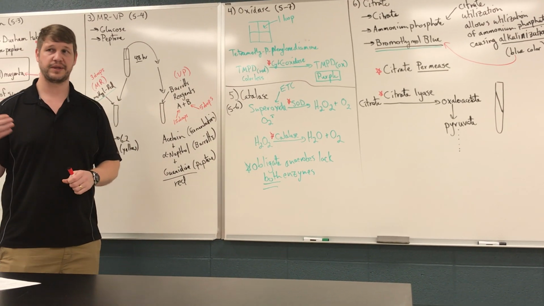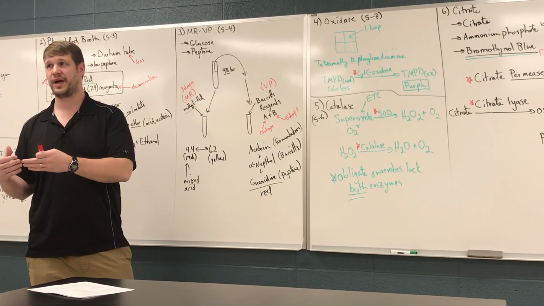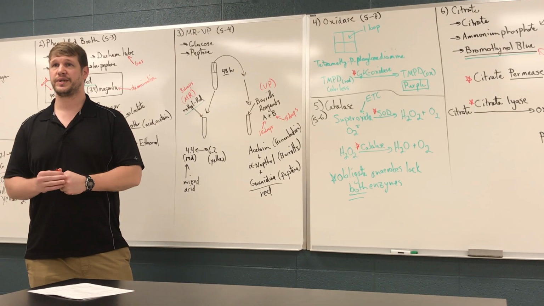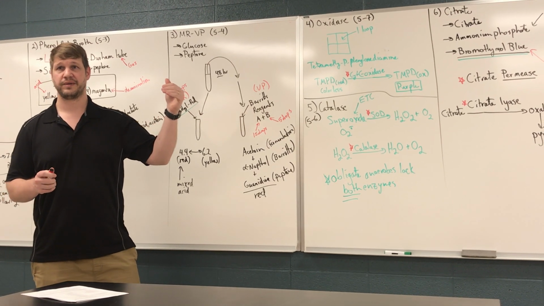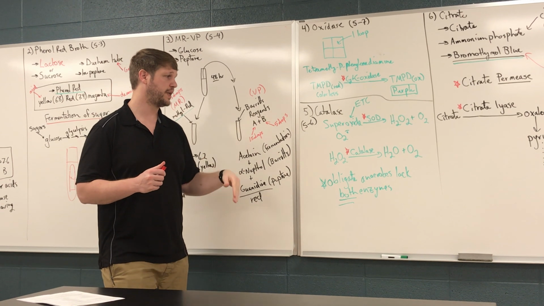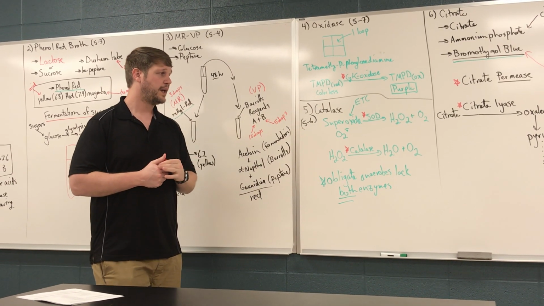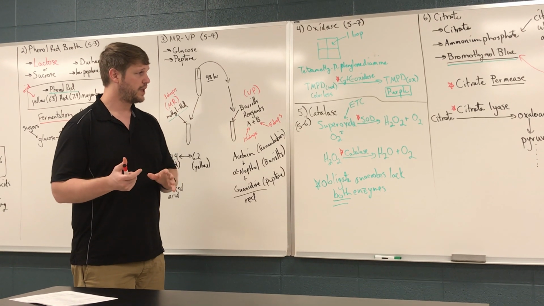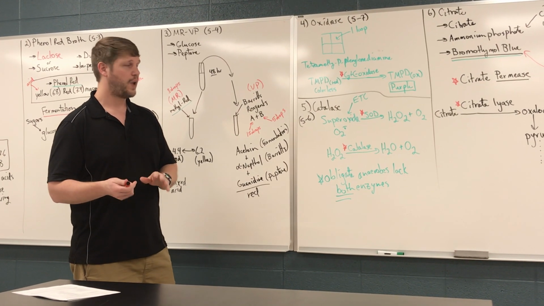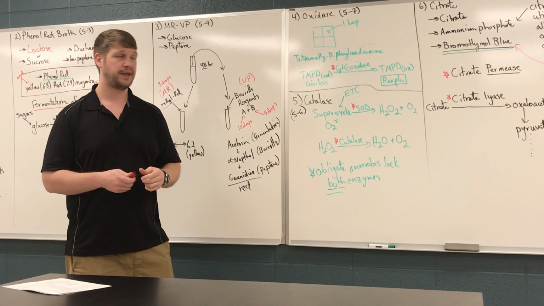When we talked about organisms' tolerance for or utilization of oxygen, we talked about facultative anaerobes and obligate aerobes and obligate anaerobes and microaerophiles and all those kinds of things. One of the things we didn't really talk very much about at that point was why oxygen can be a problem and what microbes do to tolerate it.